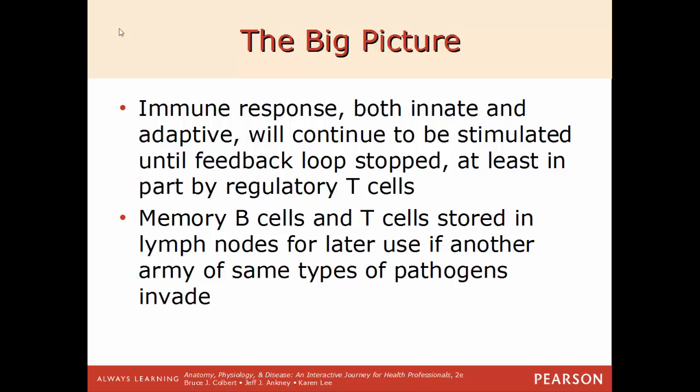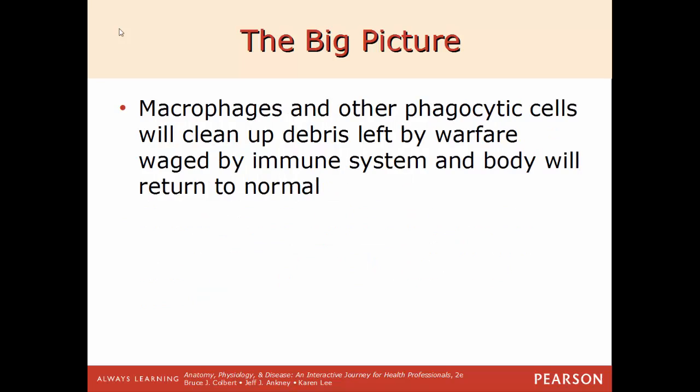After this, memory B and T cells are stored in the lymph nodes for later use if another invasion of the same pathogen were to happen again. Then macrophages and other phagocytic cells will clean up the garbage that's left over after this battle waged between the immune system and the invading army. And then the body will go back to normal.